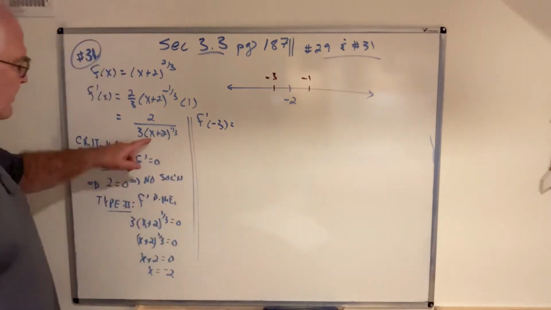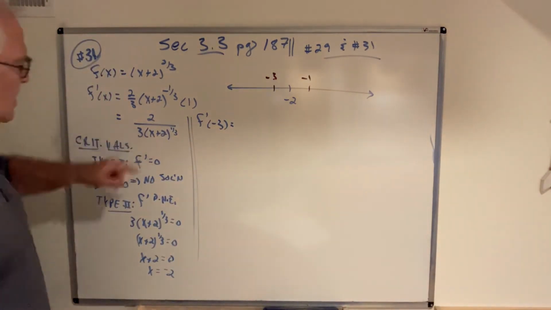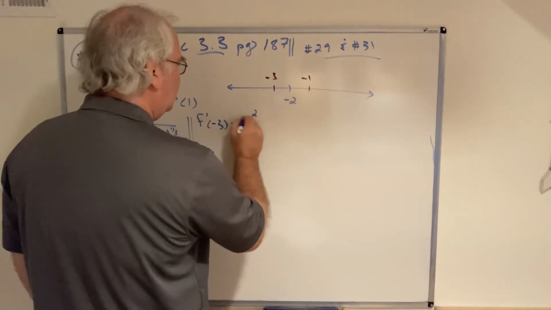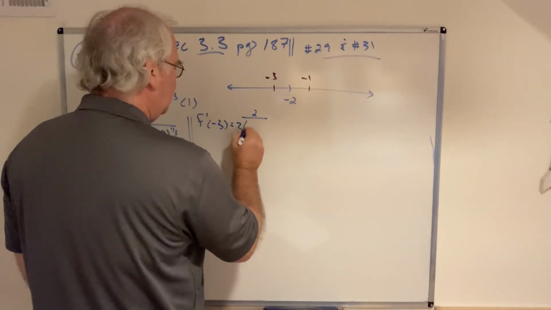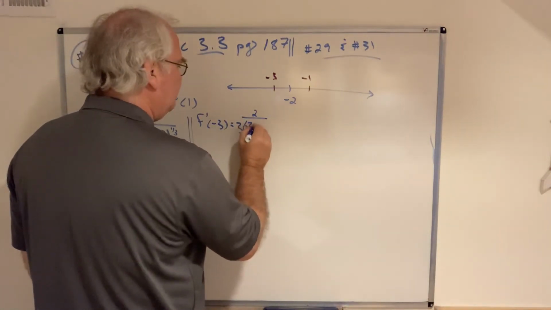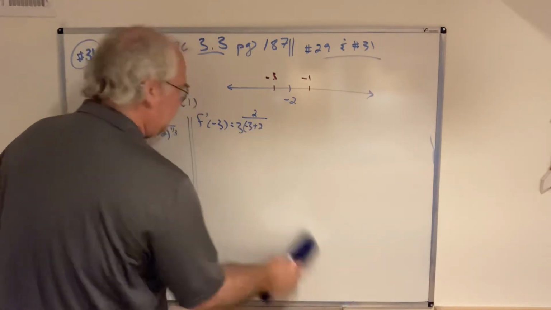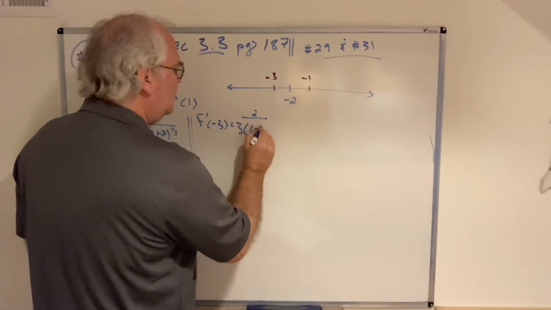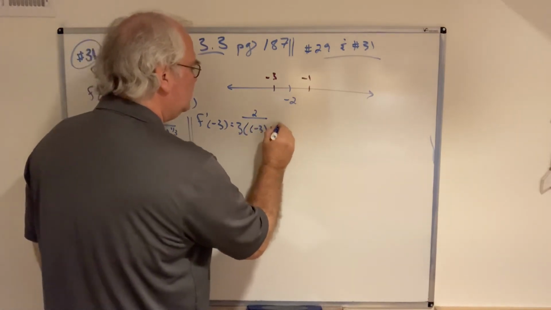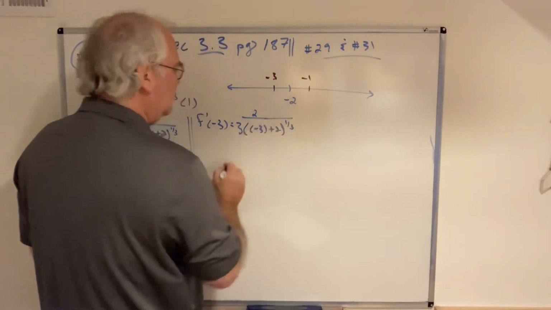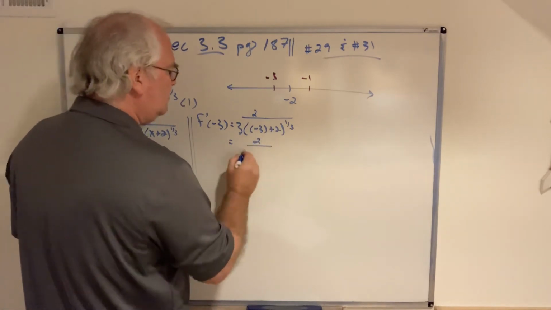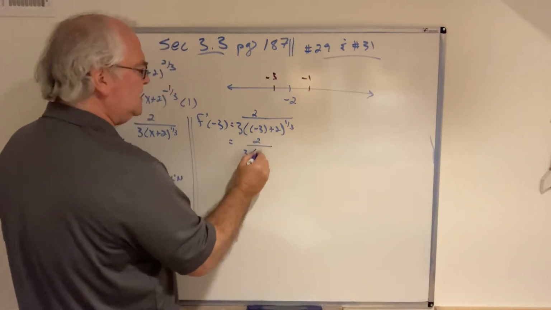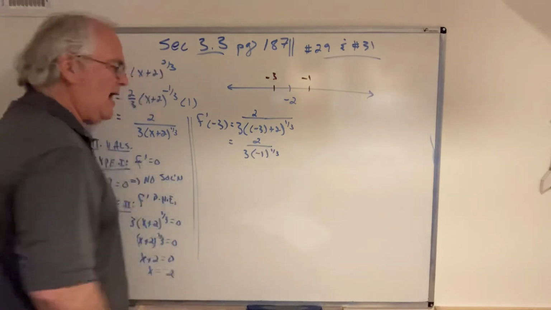f prime at -3, so here's the derivative here. So this is 3 times (-3 plus 2) to the 1/3 power, which is 3 times (-1) to the 1/3 power.